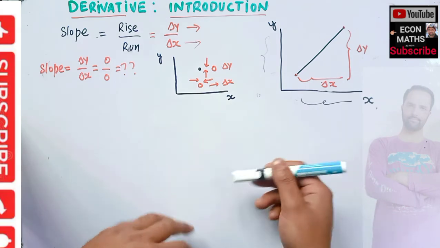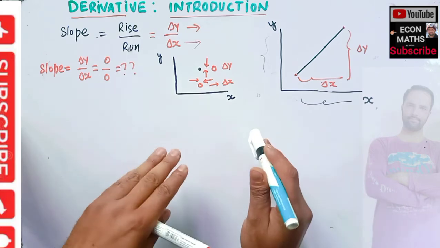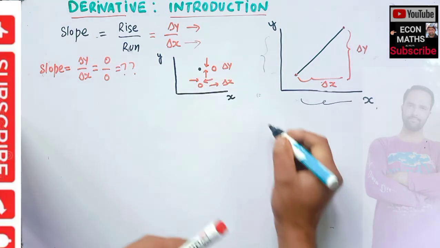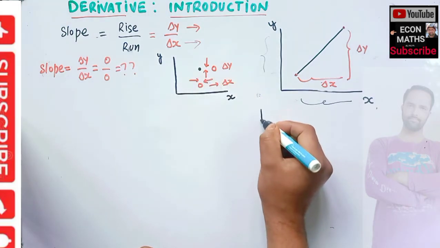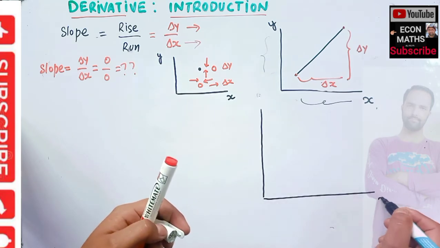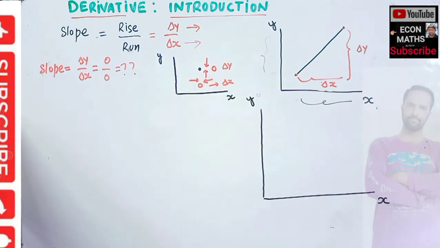No. We have what we call the derivatives. We use a small difference, then we shrink that very small difference towards 0. Let me draw another graph of this. Let us say this is the x-axis, this is the y-axis. If I zoom into this point, let us say it is something like this.